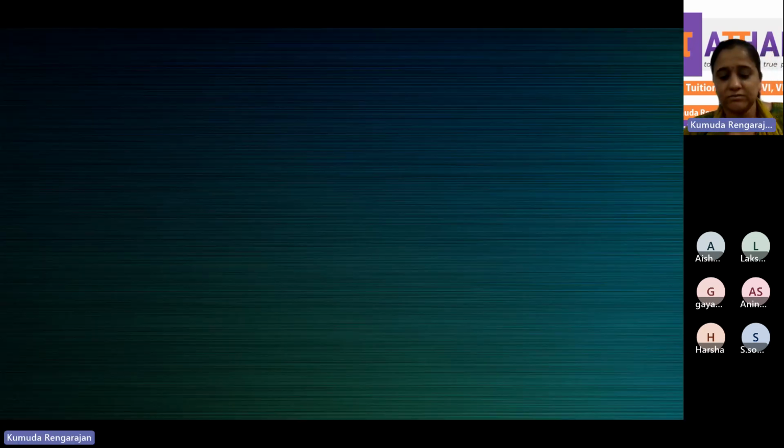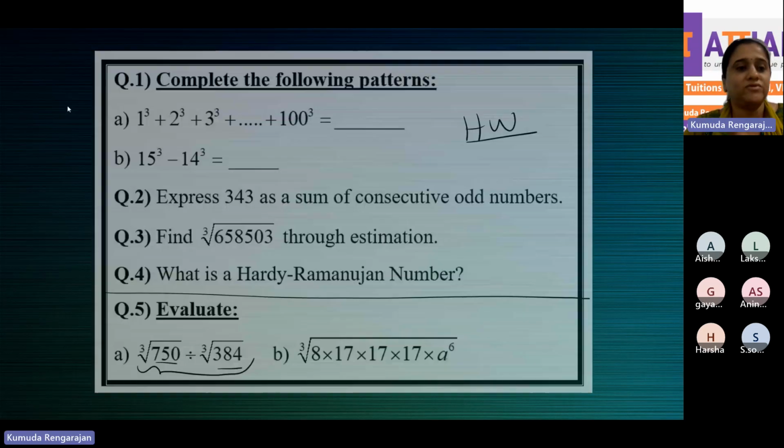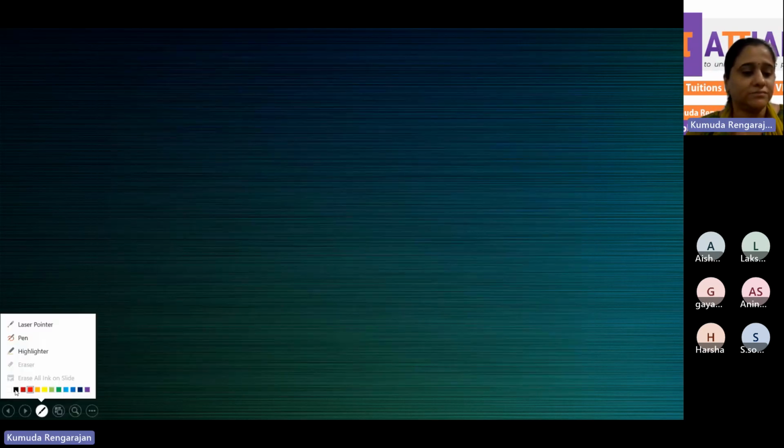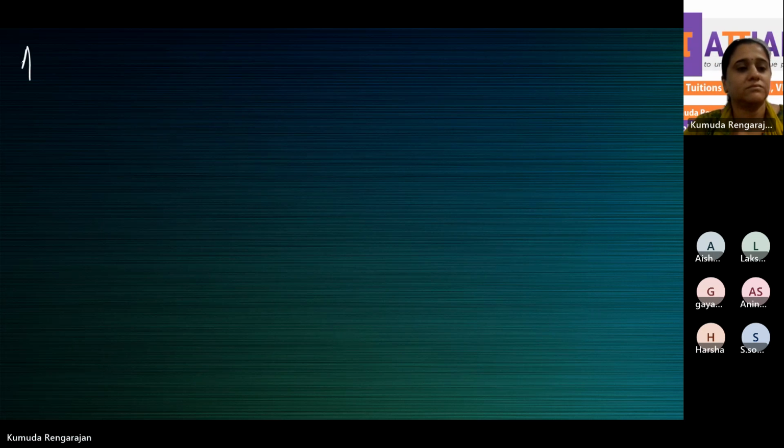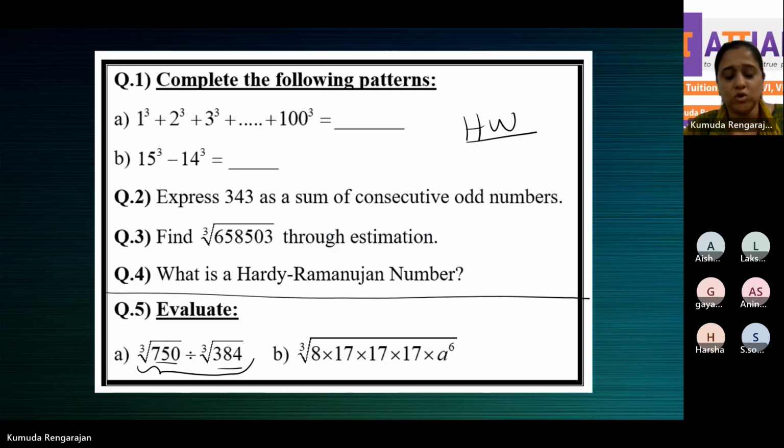So what we have is cube root of 750 divided by cube root of 384. Is this correct, children?